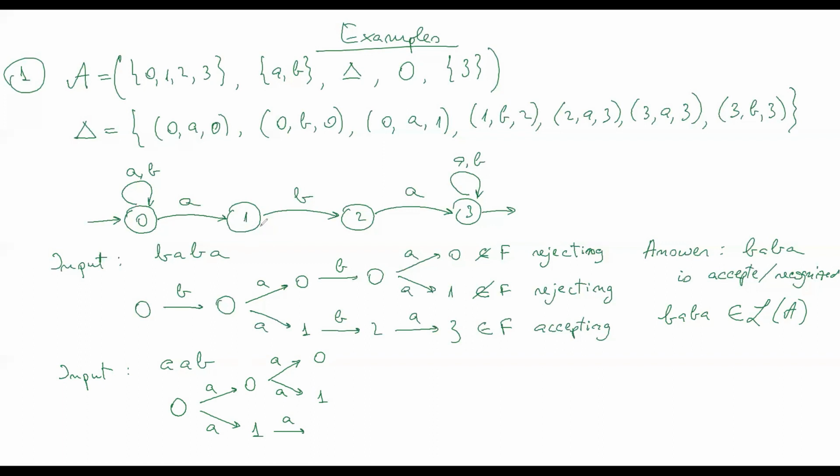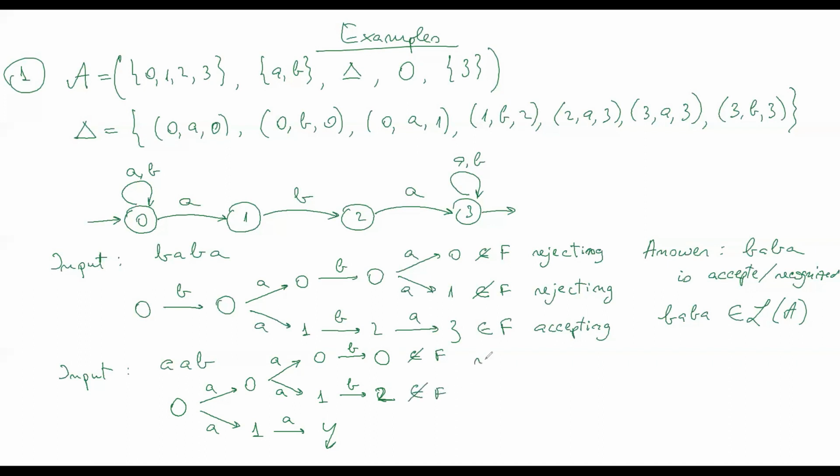And for this part of the computation, reading this second A, I don't even have a transition defined, so this is a computation that cannot continue. And with B now, if I stay in state 0, then I continue in state 0, and with B from state 1, I just go to state 2. And that's the end of the computation, and we see that 0 is not a final state, and 2 is not a final state.